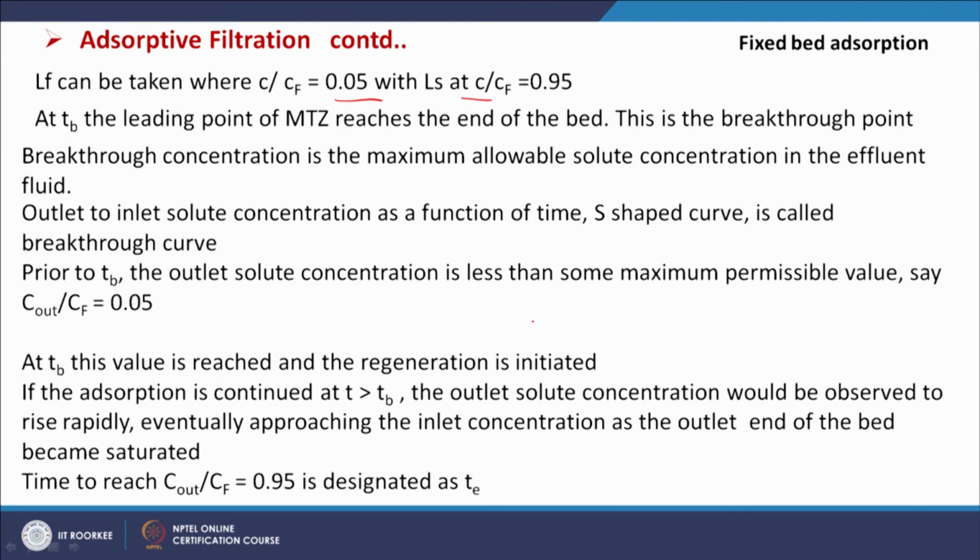Breakthrough concentration is the maximum allowable solute concentration in the effluent fluid. Outlet to inlet solute concentration as a function of time gives the S shaped curve called the breakthrough curve, which we have already discussed. Prior to Tb the outlet solute concentration is less than some maximum permissible value, say C out by Cf equal to 0.05.